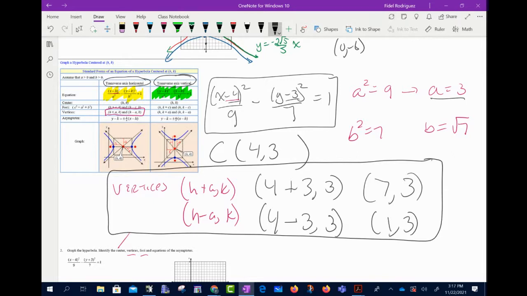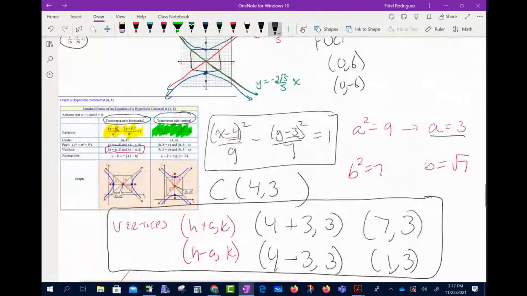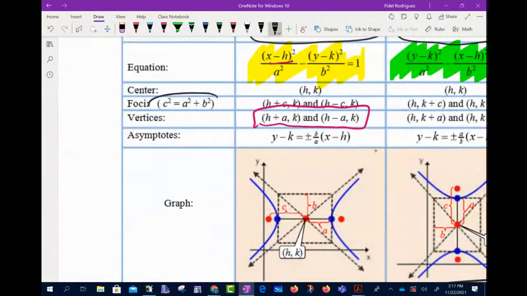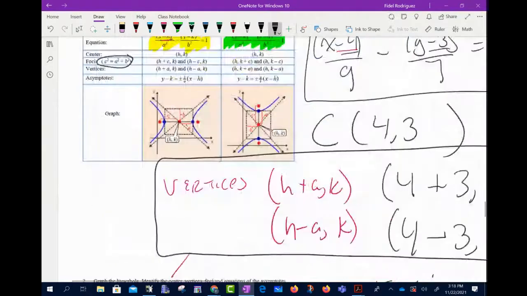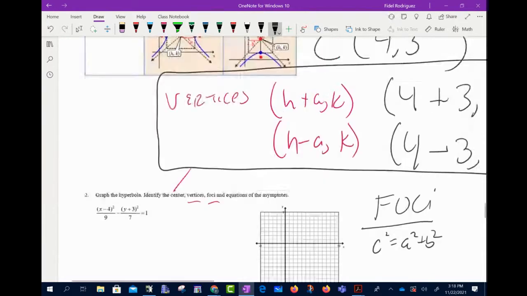Now let's find the foci. I'm going to write it down over here, foci. First I'm going to write down the formula for the foci, and it says c squared is equal to a squared plus b squared. So c squared equals a squared plus b squared.